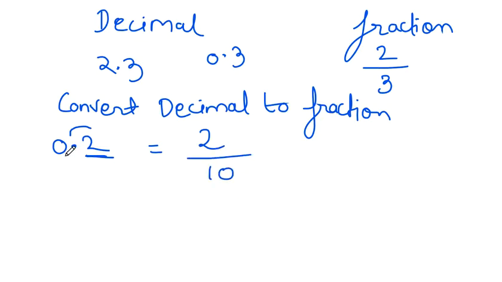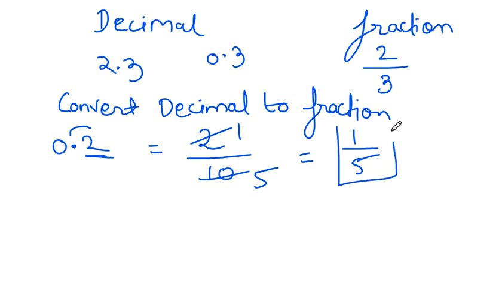Because after the decimal there is only one number, so the denominator will be 10. If after the decimal there are two numbers, the denominator will be 100, and so on. So you reduce this fraction to the lowest form. 2 ones are 2 and 2 fives are 10. So the answer is 1 upon 5. So we found the answer in fractions.